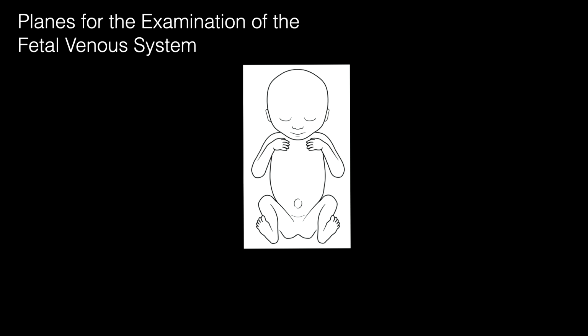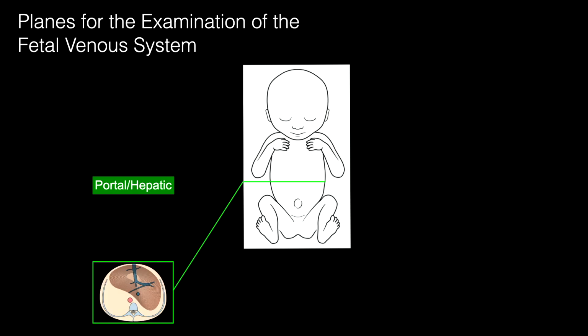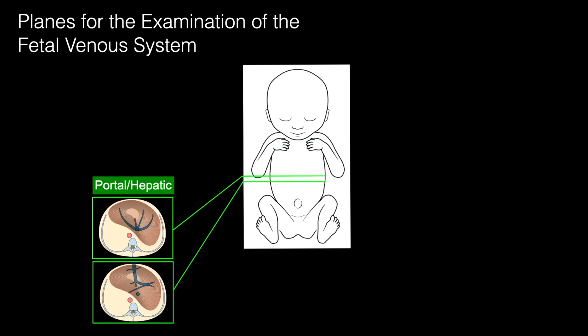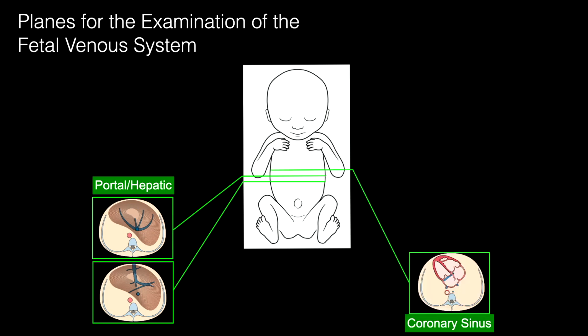prenatally. So you have the portal and hepatic venous system will be evaluated through two planes, and I'll go into that in details, at the level of the abdominal circumference. The coronary sinus, as you have seen yesterday, is a plane that is slightly inferior to the four-chamber view.